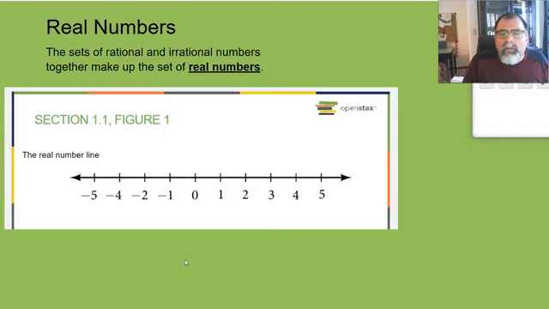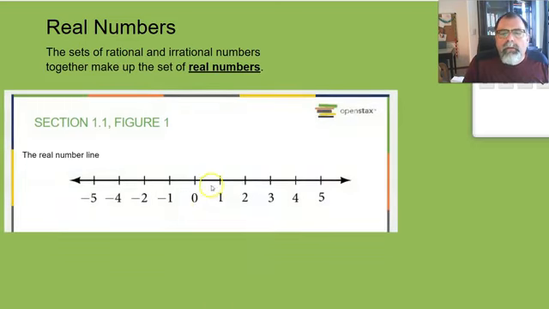So 0 is what we call the origin, and it's neutral. It's not positive or negative. Everything to the right is positive. Everything to the left is negative. Every point on this represents a real number. So for instance, this might be 0.5, or 1/2, same thing. The square root of 2 is about 1.4, so roughly there, just eyeballing it.